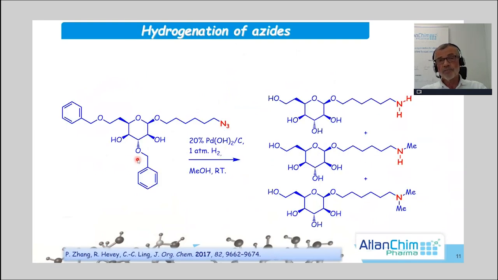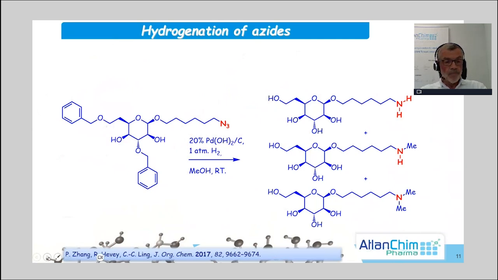Here, the compound was subjected to hydrogenolysis to remove the benzyl protecting groups here and here, and concomitantly reduce the azide here into the amine. This transformation was conducted in methanol using Pearlman's catalyst. However, the desired compound here was isolated along with some N-methylated byproduct, as you can see here on this slide.